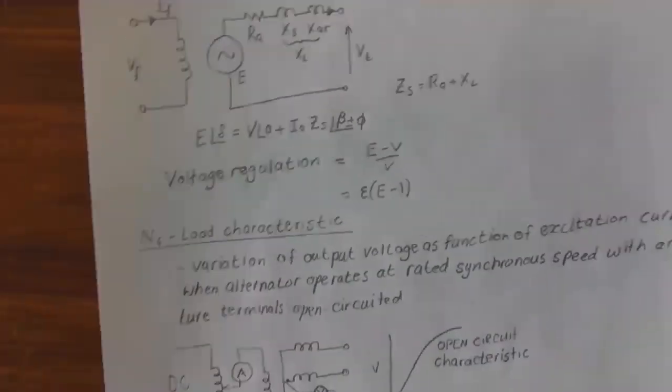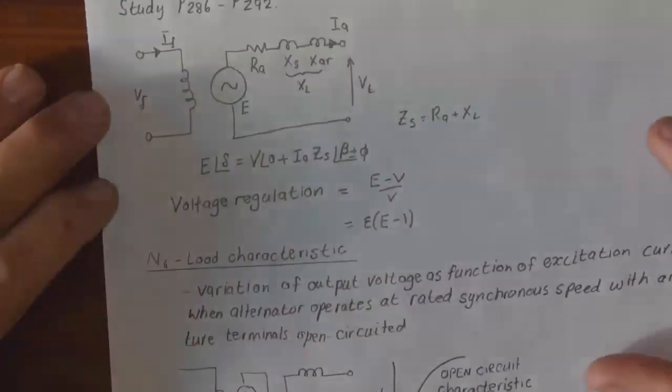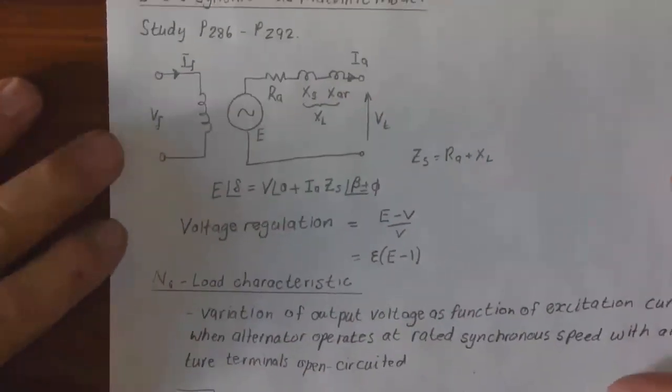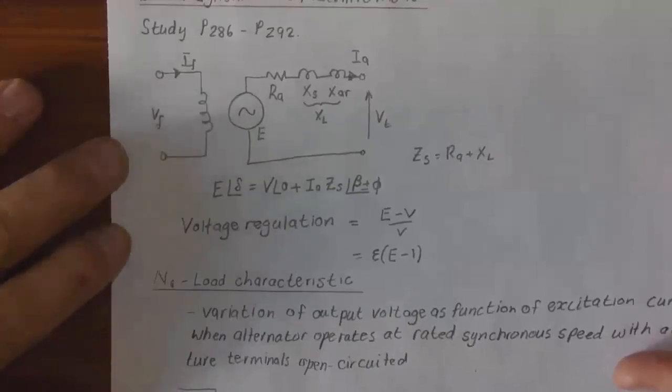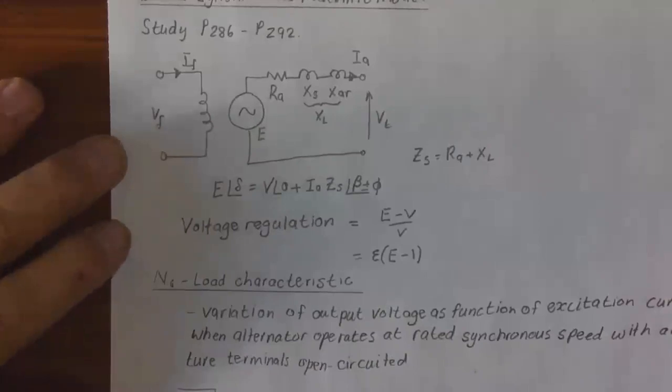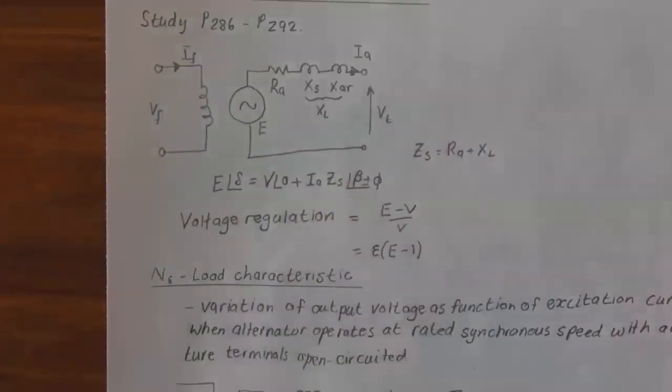Then if we look at the basic synchronous model, there you first have to study pages 286 to 292. Then there we have the synchronous model where we have the excitation for the field, the induced EMF, the armature resistance, and leakage reactance, which is the sum of the synchronous reactance and the armature reactance voltage impedance.